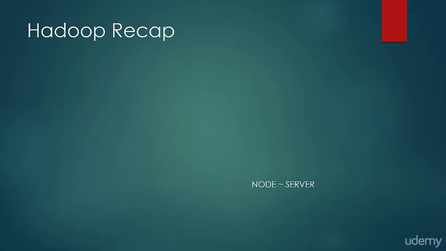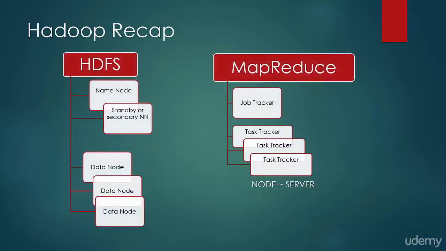Hi everyone. In this video tutorial, let us do a quick recap of Hadoop architecture. Hadoop comprises HDFS and MapReduce. HDFS has 3 components: name node, standby name node, and data node.